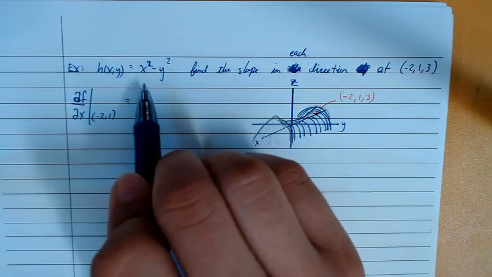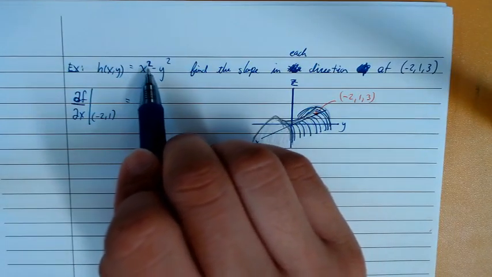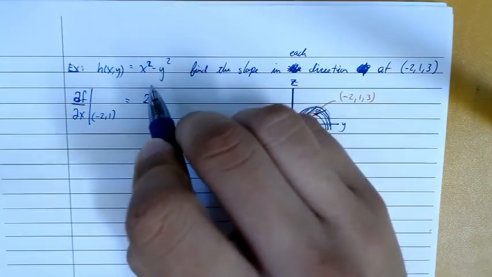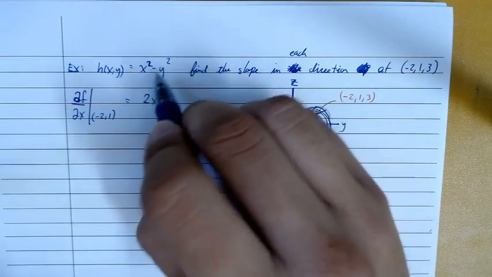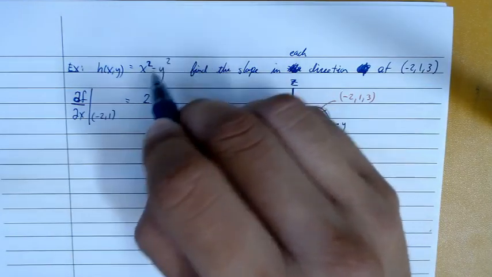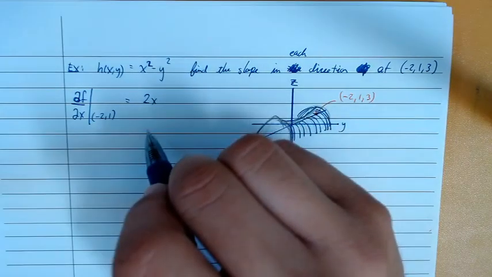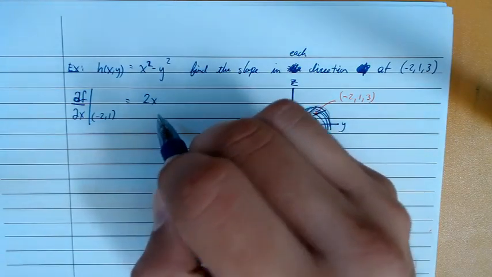The derivative of x squared is 2x. The derivative of minus y squared is 0, because it is a constant with respect to x. If you have x squared plus a constant, taking the derivative of that constant gives you 0. So you can write plus 0, or probably better off just not writing anything there.